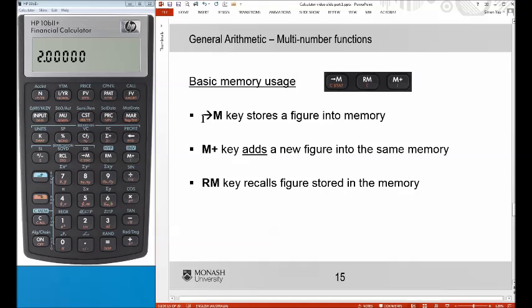Arrow M stores a figure into a memory. The M plus key adds a new figure into the same memory, and it will total up the number with the previous numbers that you have stored. The RM key recalls the figure stored in the memory.